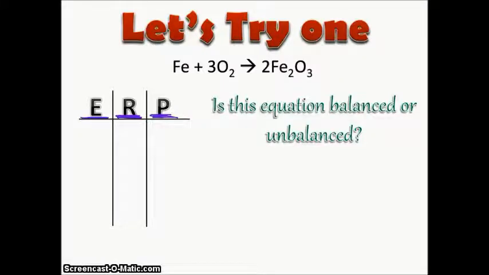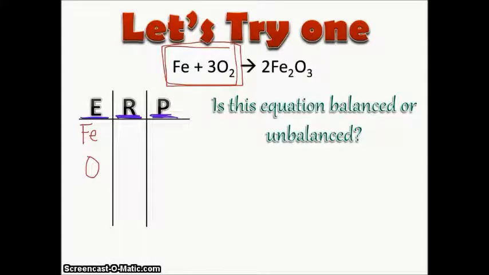So in this case, I start by listing my elements. The first element I have is Fe, which is iron, and then I also have oxygen. So I list my two elements. Then I go back and figure out how many atoms of that element I have in the reactant side. The reactant side, remember, is the left.